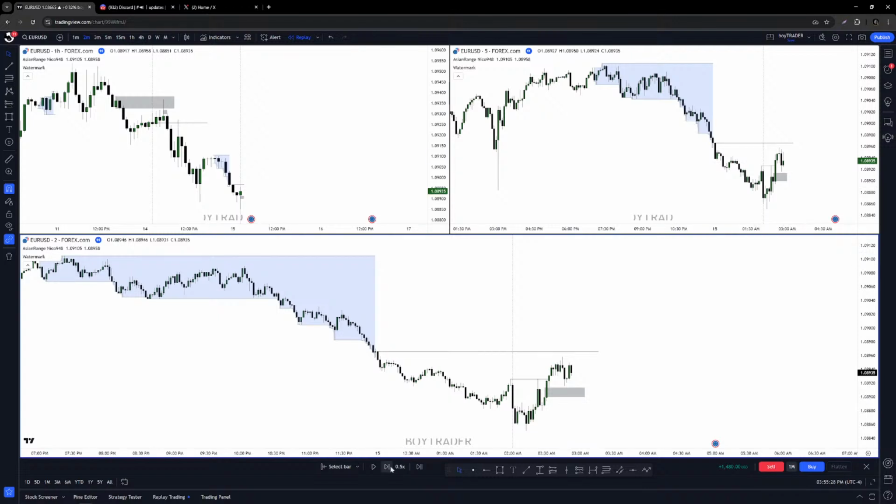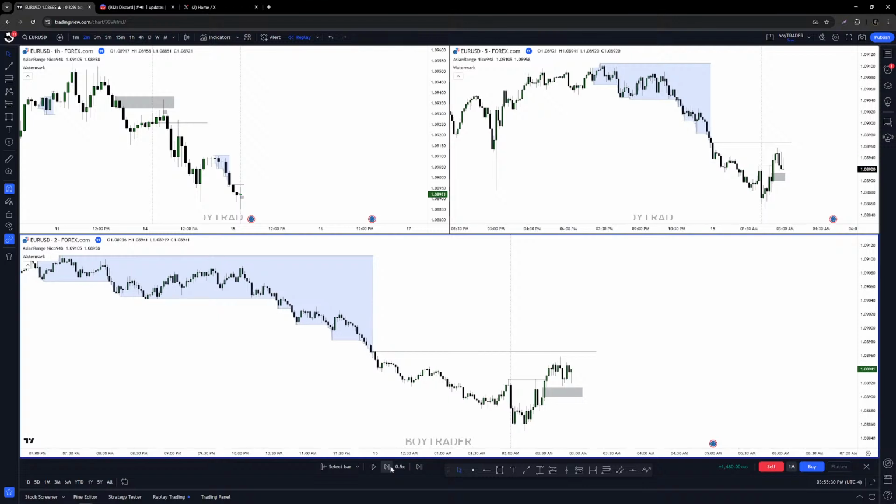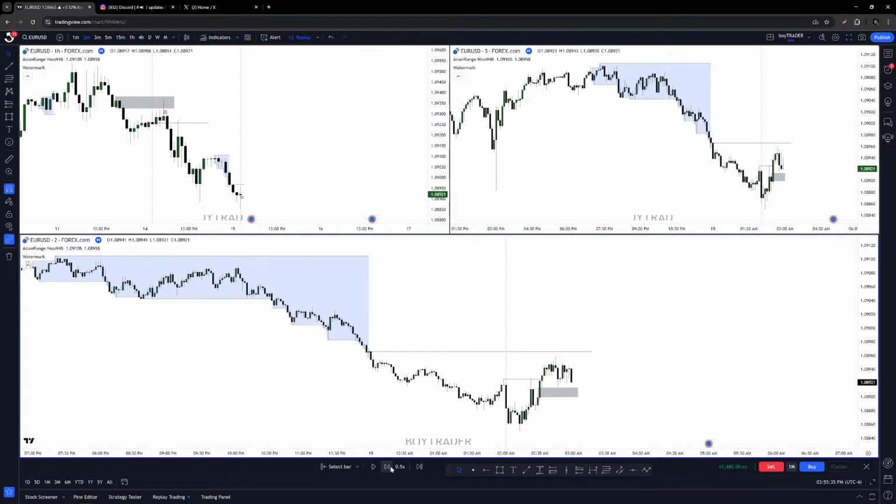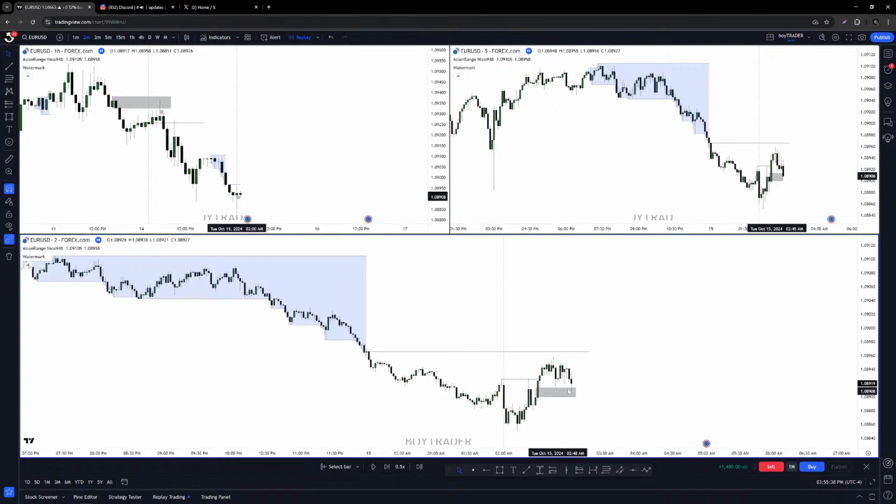So fair value gap is almost there. You have to be patient. There's our entry. So I'm going to be buying there. Stop loss below this low here, $400.